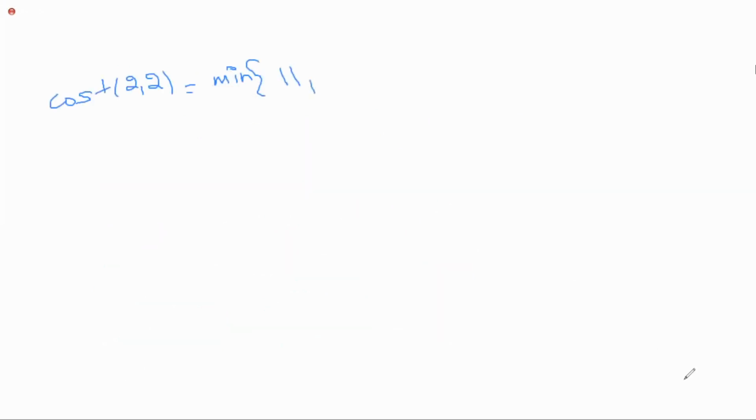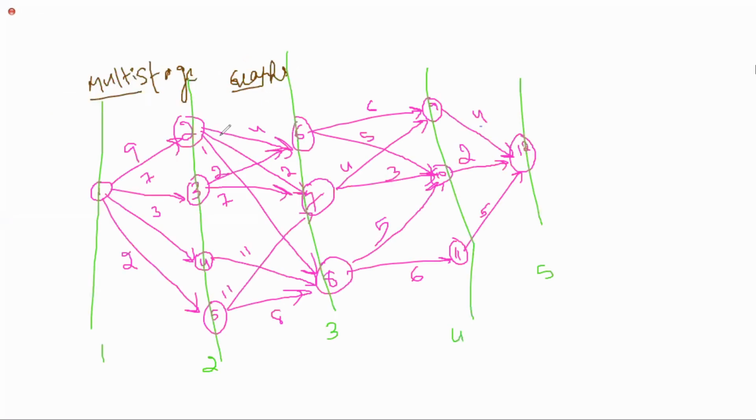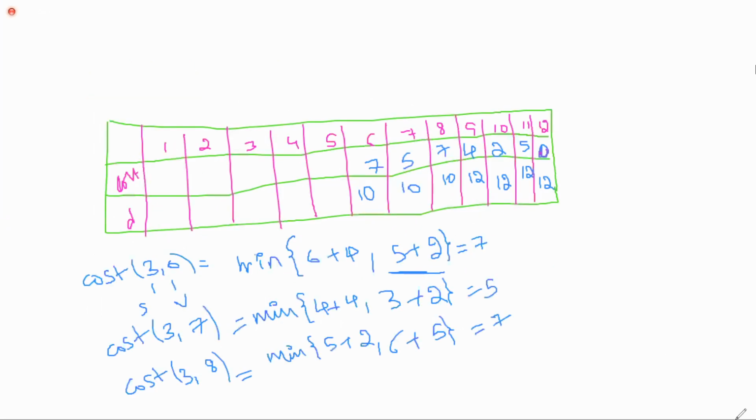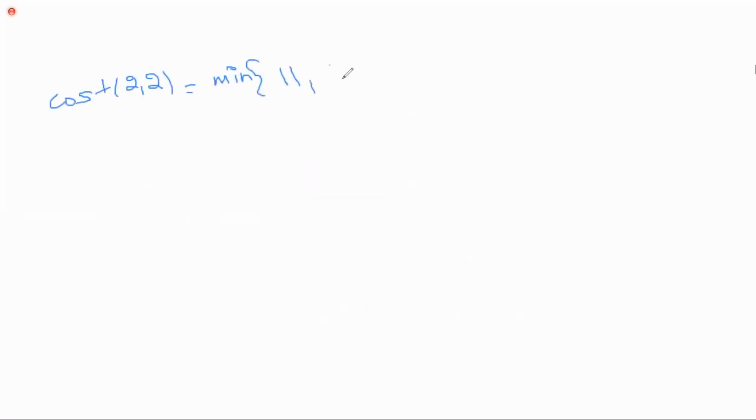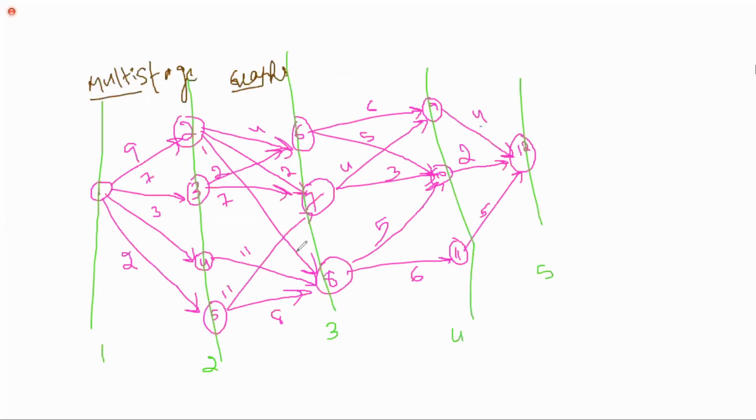This is the first outgoing edge value. The next outgoing edge value is 2, comma cost of 7. 7 we have already noted down here, which is 5. So 2 plus 5 is 7, right? Next outgoing edge, what is the cost? Observe carefully. The cost is 1, and we know the cost of 8. What is the cost of 8? We check here, it is 7.